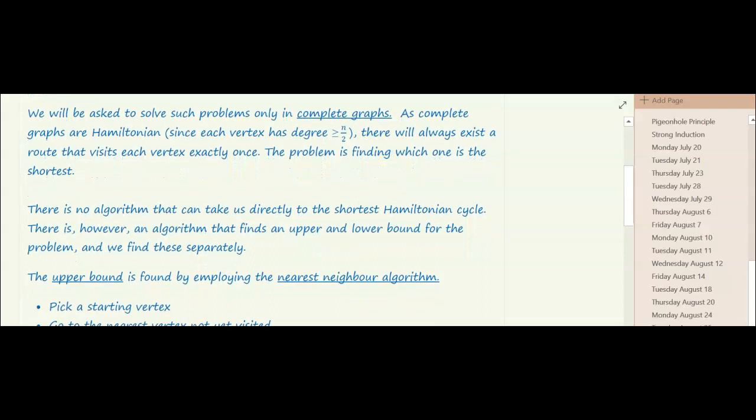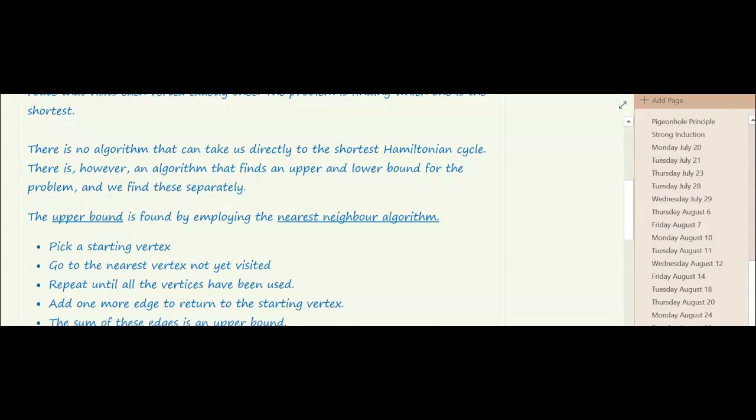Now, all the writing here on the page is basically what I've just been saying. Now the upper bound: there's an algorithm, but the algorithm doesn't take us to the exact solution. Disappointingly, we have separate algorithms for an upper bound and a lower bound. So all we can do is find a range of lengths between which the shortest length lies.